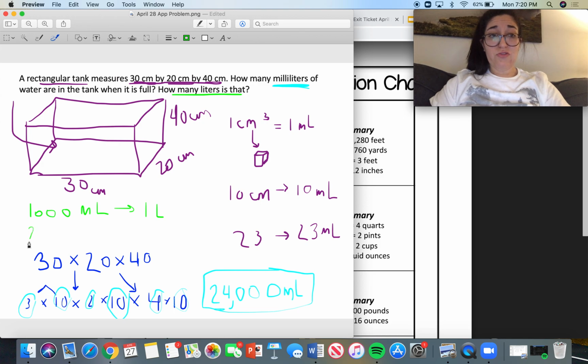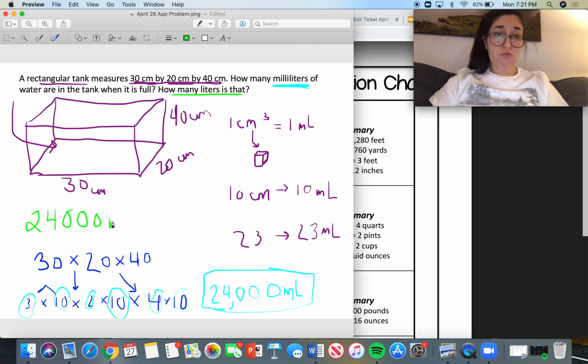If I had 2,000 milliliters, I would have 2 liters. And if I continue that all the way up, if I had 24,000 milliliters, which is what I do have, remember, for every 1,000 milliliters, I have 1 liter.